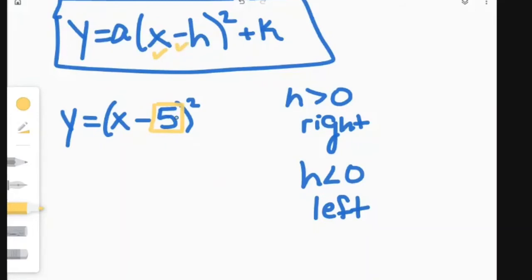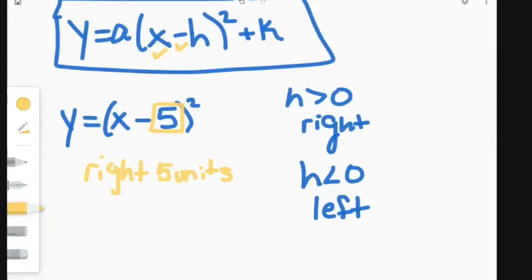We changed the h to a 5. So even though it does look like a -5, it is a positive 5. This would be moving right 5 units. Like I said last week, when you see parentheses, you can almost think opposites. If it looks like a -5, just think, okay, that is positive. Positive goes to the right.